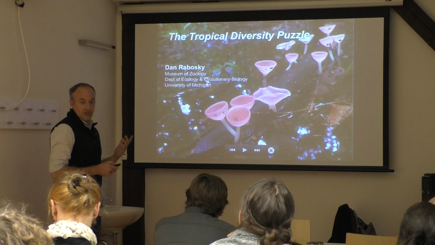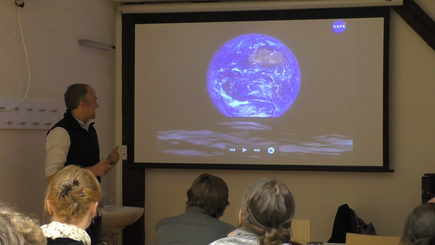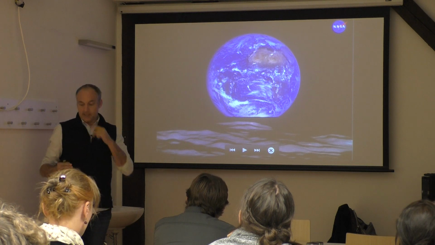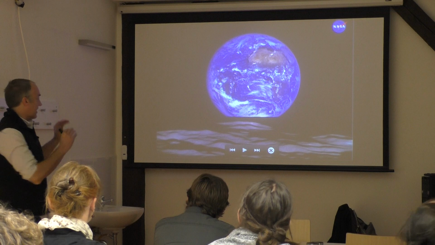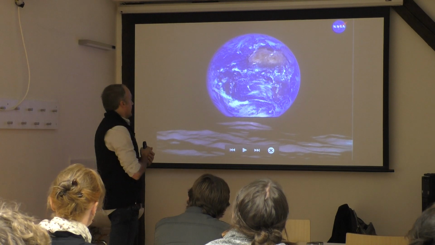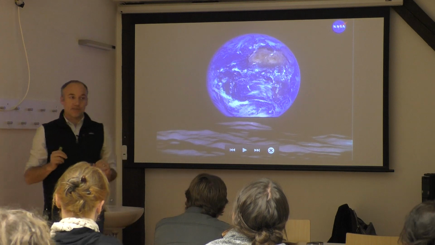And I think a useful starting point for thinking about the latitudinal diversity gradient is thinking about what the Earth looks like from space. If you were an extraterrestrial visitor to Earth and you saw this view, you would see a couple of things at this spatial scale.